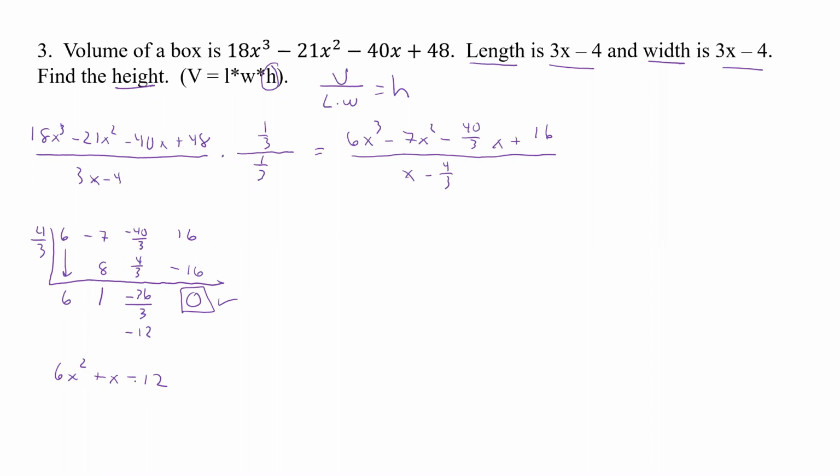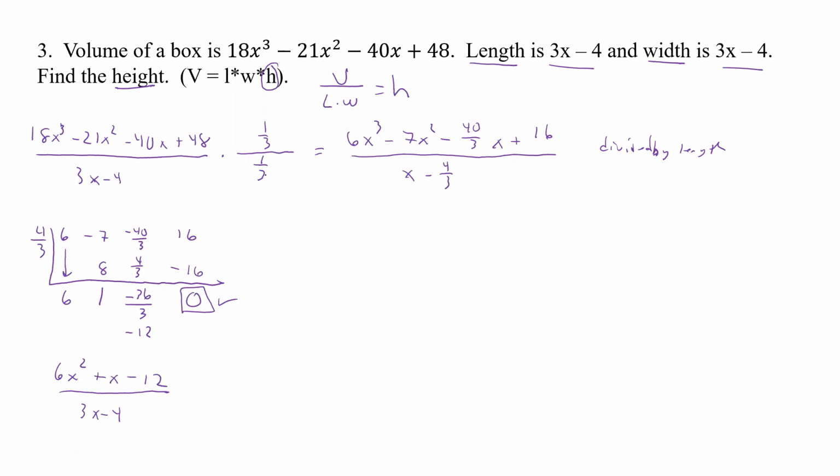All right. And now say we did this one, we divided by the, I don't care, length. So now we have to divide this one by the width. So now we're going to divide that by our width. So that's 3x minus 4.